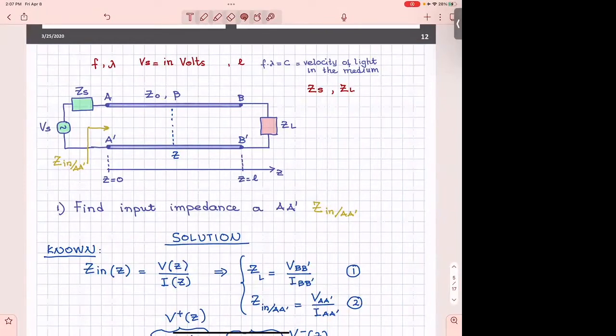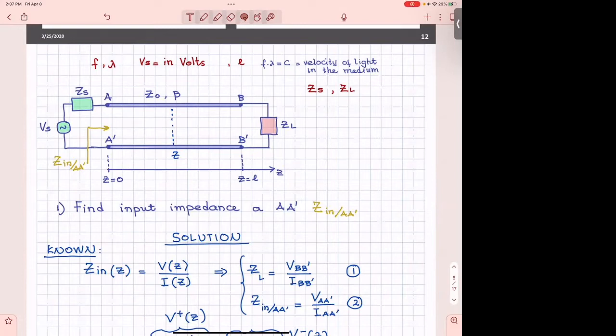Why is this important? There are so many things. For example, you also need to remember what I give you and what you know. So here is the process I would like you to follow. You draw the circuit, you put your load, the length, and always Z naught and beta to remember. You put your source, and usually the source has an internal impedance.